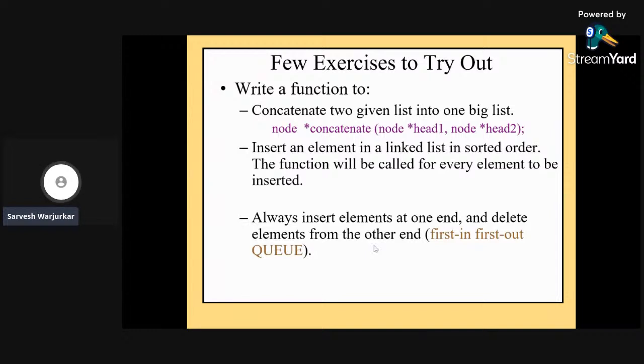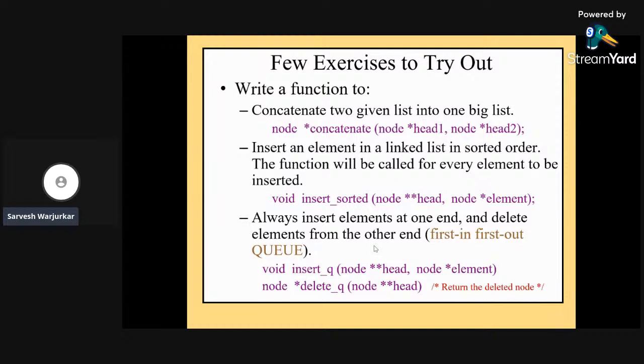The function which is to be called for every single element inserted in the linked list, you need to write with the help of one function named like this: void insert sorted node, bracket node star star head comma node star element, where we have to arrange it in a sorted manner. Of course, it can be in ascending order, descending order, or any order. We can sort nodes in the linked list by applying this condition and this function.